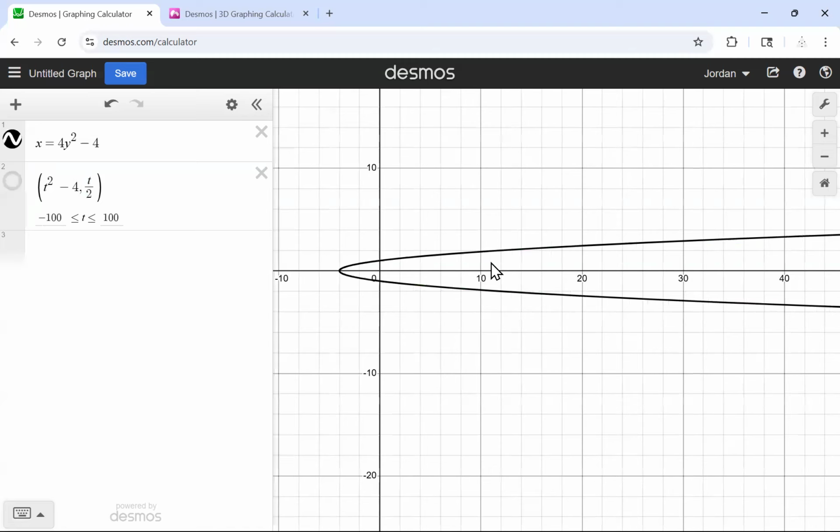And so that's one way to do graphing: just convert to rectangular and then graph the rectangular equation like we normally would, plugging in points, plugging in values, finding points, connecting dots, et cetera.